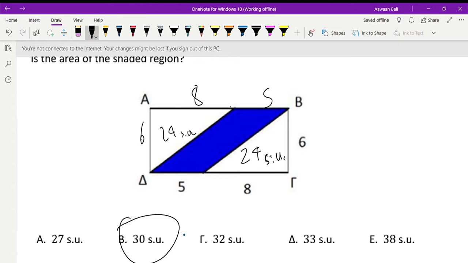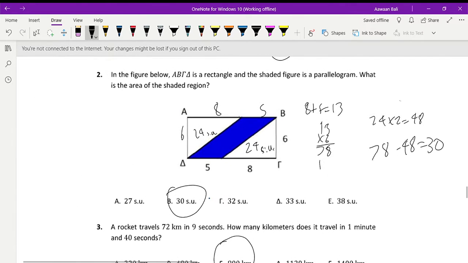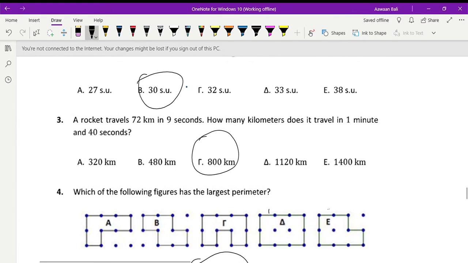Now we add 8 plus 5, which is 13. Do 13 times 6, 78. 24 times 2 is 48. 78 minus 48 is 30. So again, the area is 30 square units. Therefore the answer is beta.